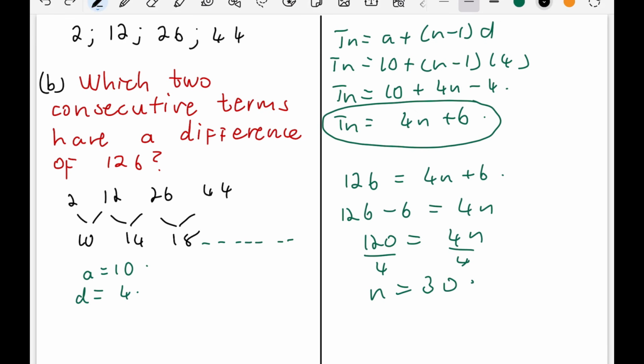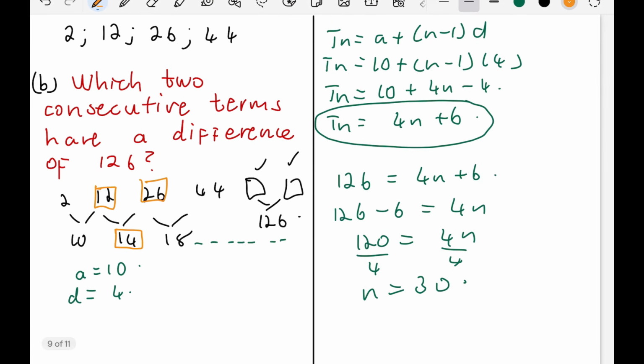But remember, the question was asking about the two terms above the term that gives us a difference of 126. What are these two consecutive terms? Well, when n is 2 in this middle pattern, it is between term 2 and term 3 of the quadratic pattern. When n is 3 in this linear pattern, it is between term 3 and term 4 of this quadratic pattern.